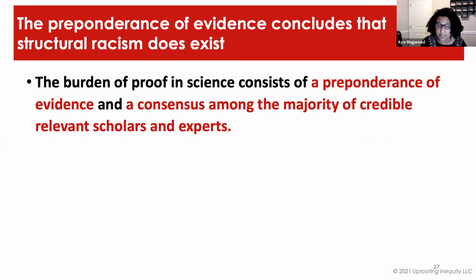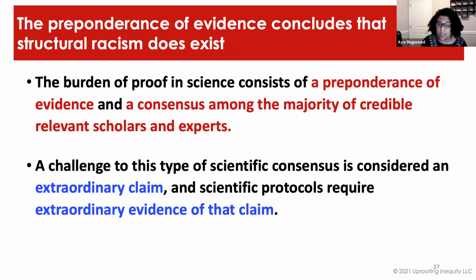You'd be hard pressed to find universal agreement on any issue, even hardcore science. So a challenge to this type of scientific consensus is considered an extraordinary claim, and scientific protocols require extraordinary evidence of that claim, not just six random studies.